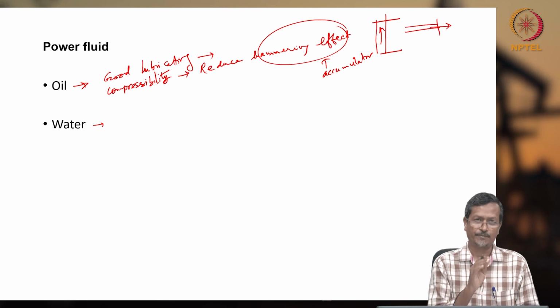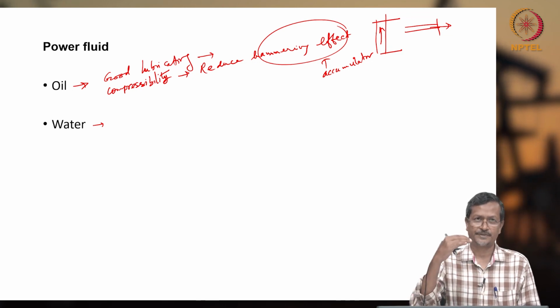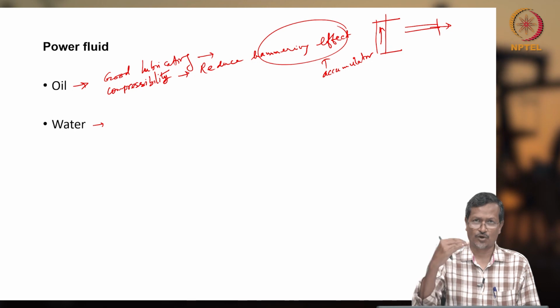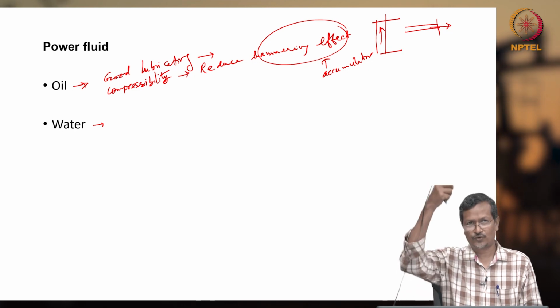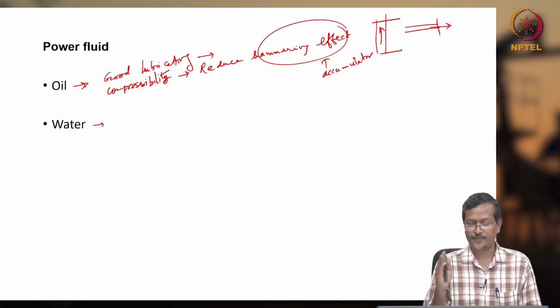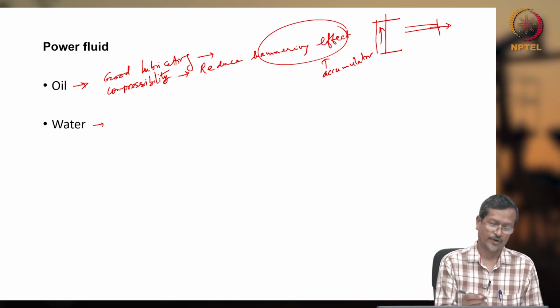So this oil has good compressibility. If the pump suddenly stops for some reason, the whole fluid column should not create any hammering effect. So this oil is good for that.